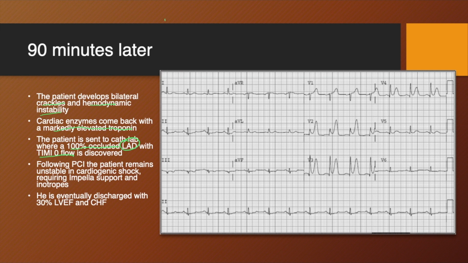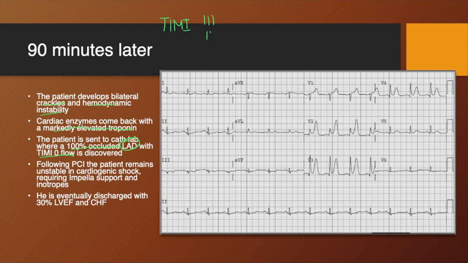But the way that this works is TIMI blood flow. The best blood flow is TIMI grade 3. That's where you shoot contrast and you look at the contrast, and the contrast penetrates through the coronary arteries and into the distal parts of the coronary arteries, and it does so rapidly.